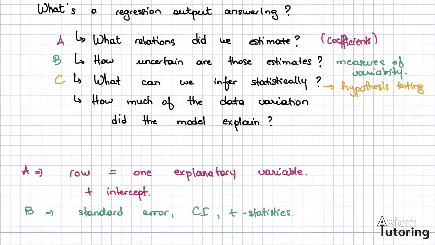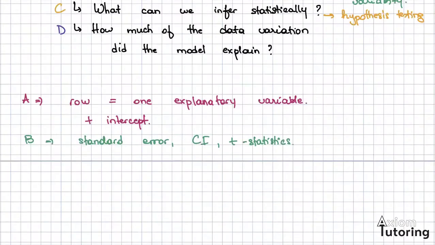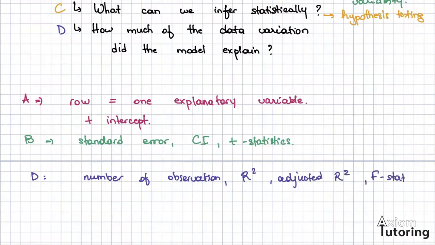The last block, let's call this block D. How much of the data variation did the model explain? Outside the coefficient table, you'll usually see information like the number of observations, R square and adjusted R square. You'll see something called the F statistic, and a lot of other elements which we'll see even more precisely once we see outputs from actual software.